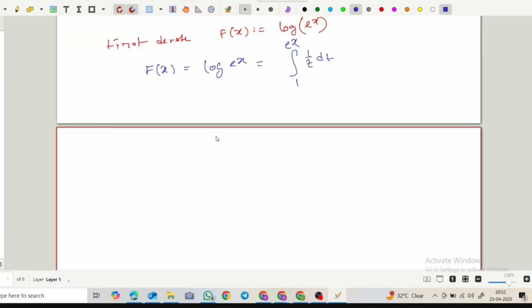What should be our next step? We can define it actually.